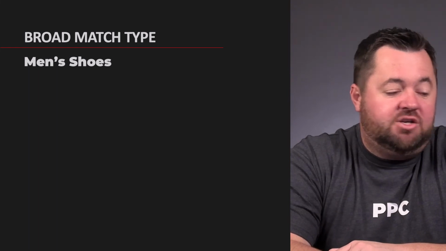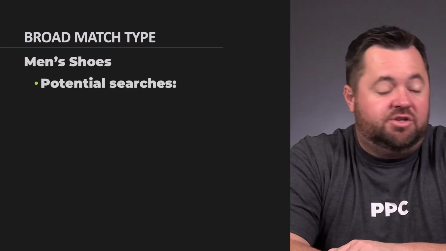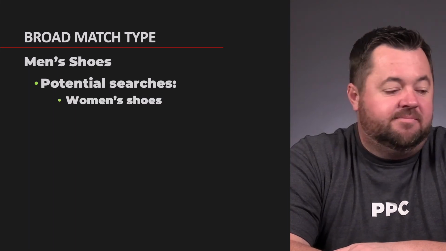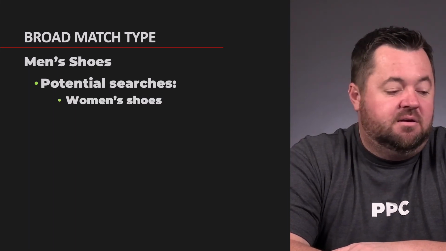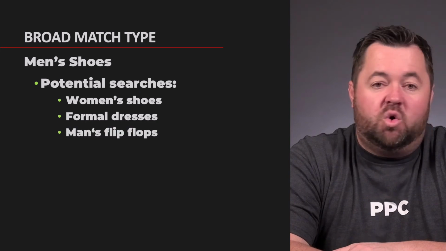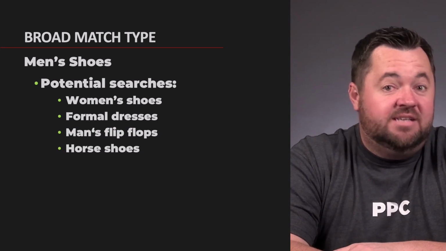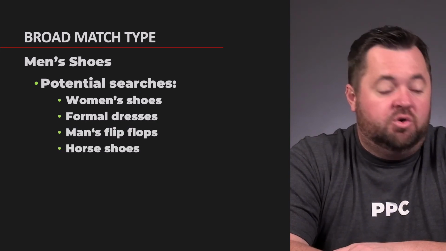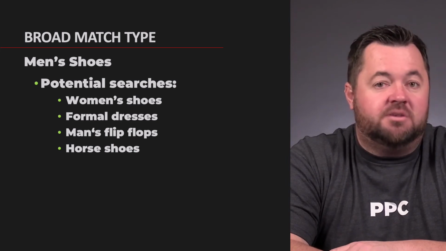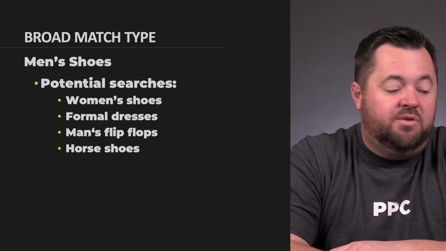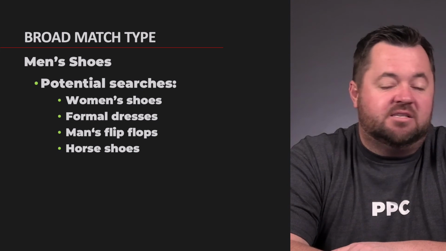Well, broad match opens it up to a lot of potential searches. Here's some examples. Men's shoes, women's shoes, formal dresses, man's flip-flops, horseshoes. All of these are broadly related in Google's eyes to the words men's shoes. I know this because I've seen these searches work like this before.